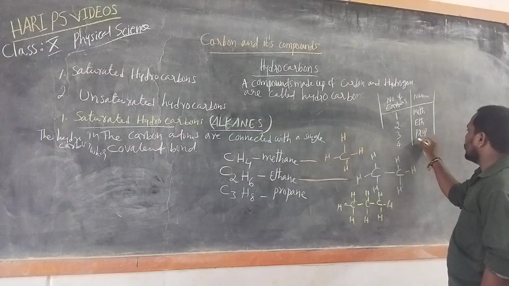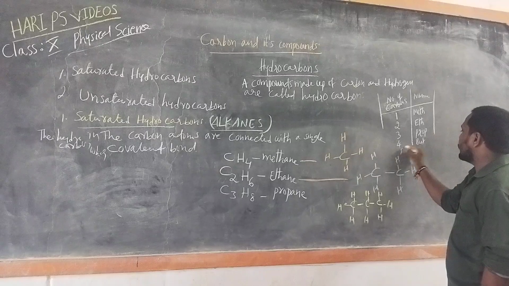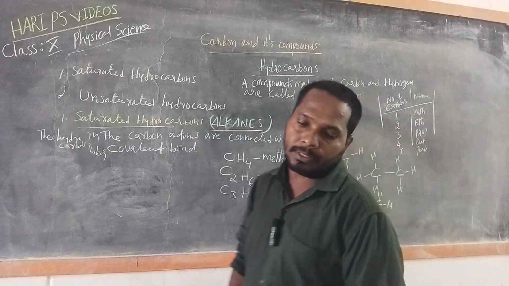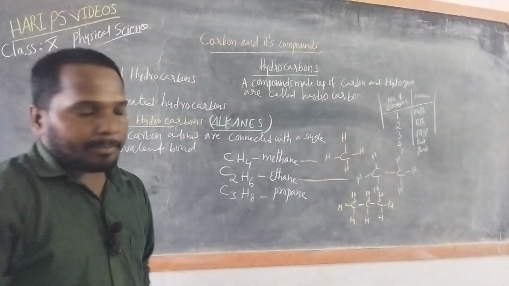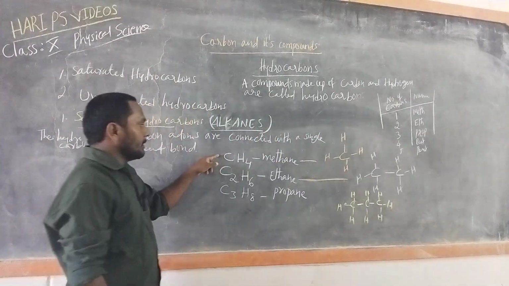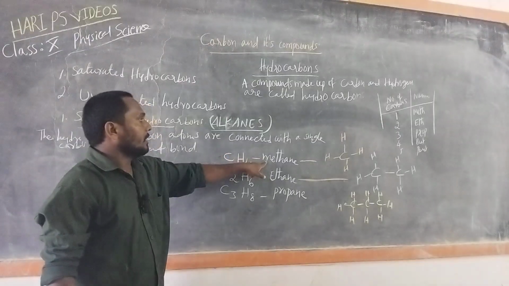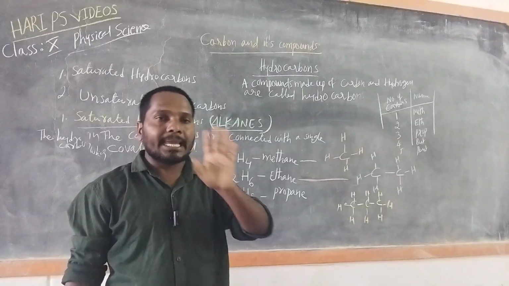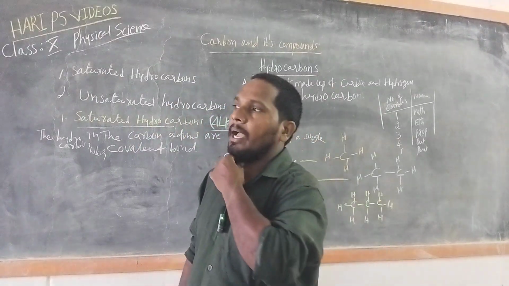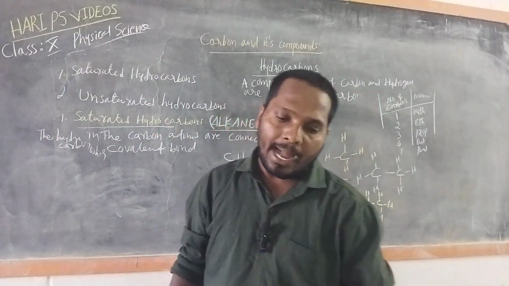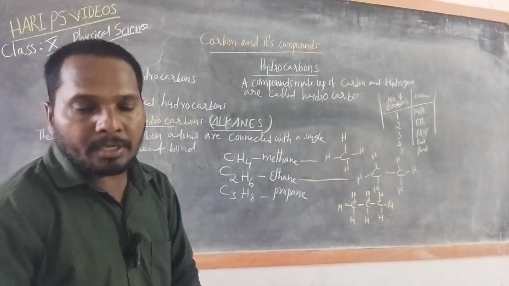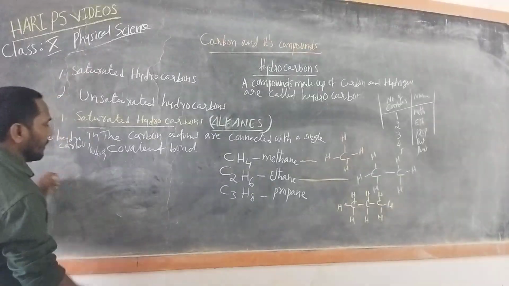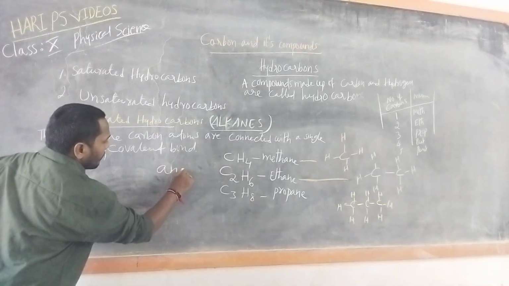If it has 4, but. If it has 5, we call it pent. So carbon in methane, how many carbons are there? 1. So meth. If any hydrocarbon has single bonds between the carbon atoms, we need to end the name of the hydrocarbon with ane.